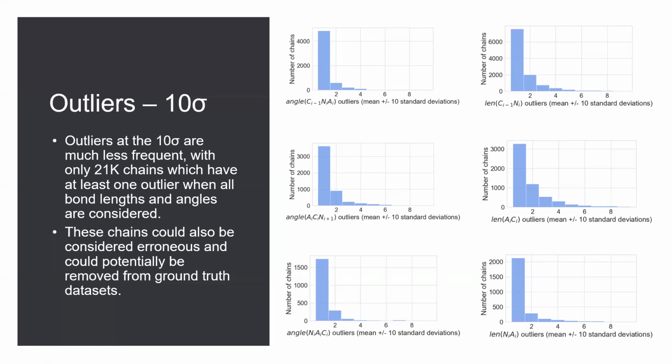So again, if we're going on to train some form of neural network based folding predictor, something like AlphaFold, we might want to get rid of these from our ground truth data sets that we use for training.